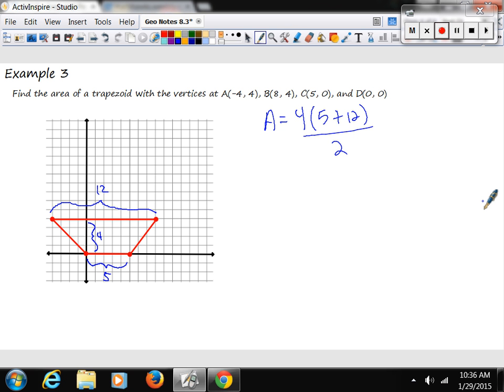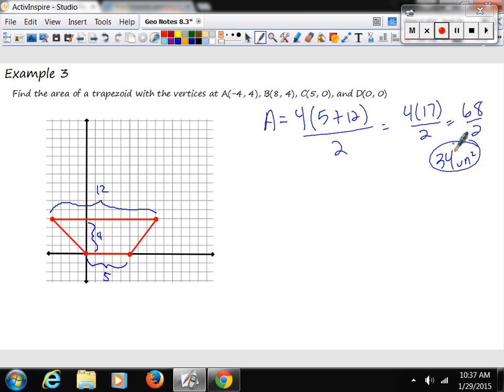A lot of times people put coordinate grids on top of a picture so that they can count how long the bases and the height might be. In this case, you're going to get 4 times 17 divided by 2, 68 over 2, 34 square units. 34 units squared.